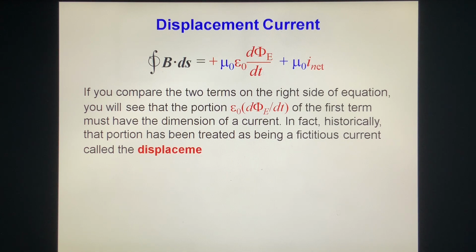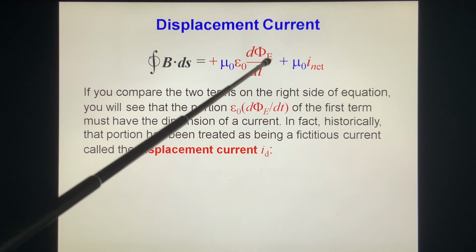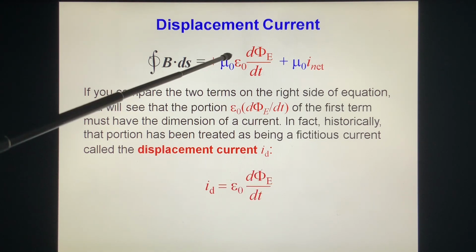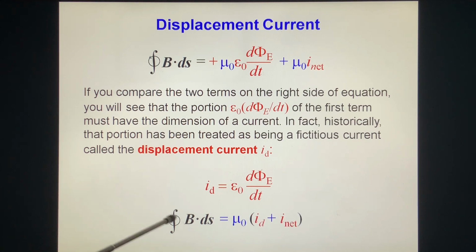In fact, historically, this portion has been treated as a fictitious current called a displacement current, I D. So we rewrite it simply: I D equals epsilon 0 d phi e dt. We define this, and then this equation can be rewritten simply: the integral of B dot ds equals mu 0 times (I D plus I net).